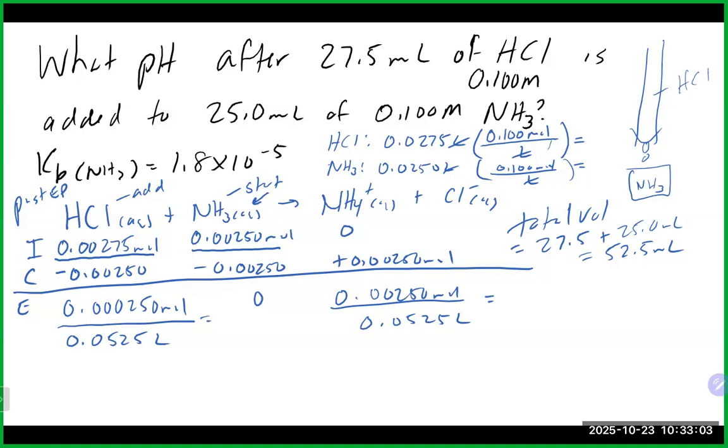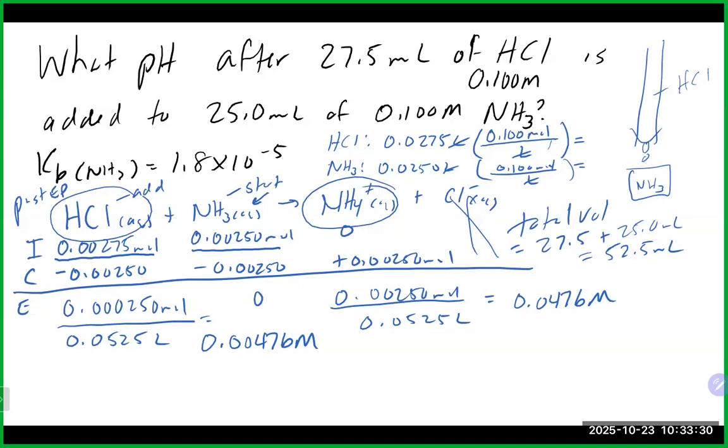So 0.00025 divided by 0.0525 gets us 0.00476 molar. And 0.00250 divided by 0.0525 gives 0.0476 molar here.